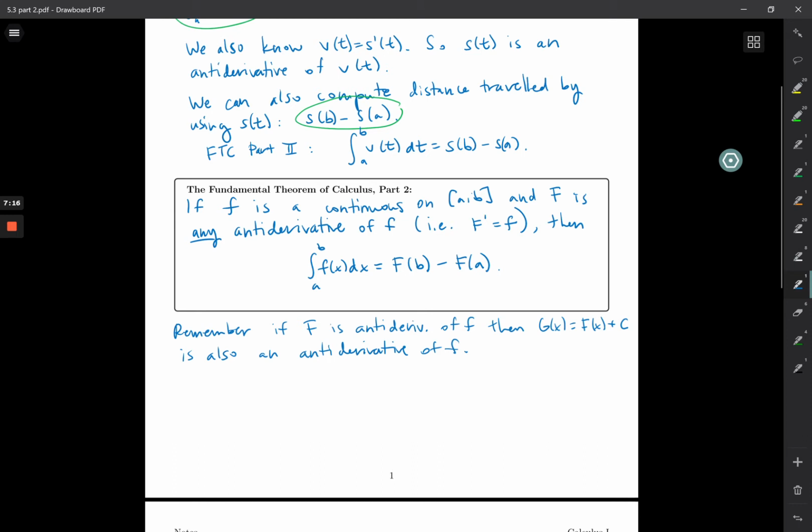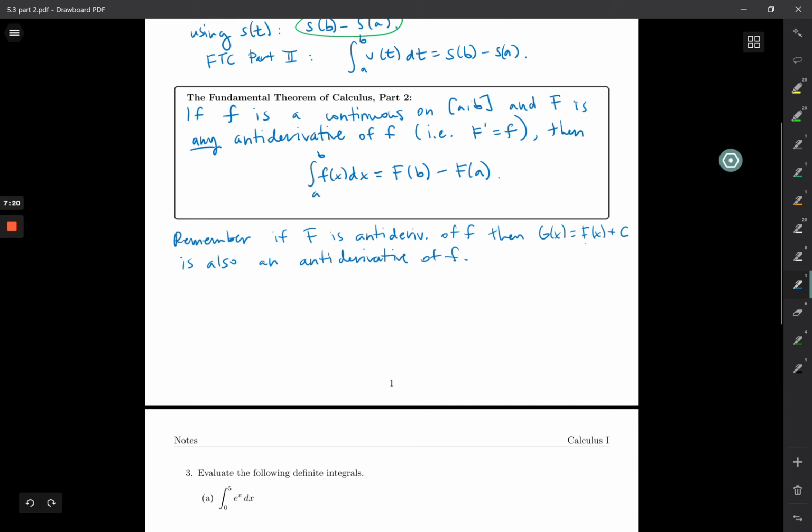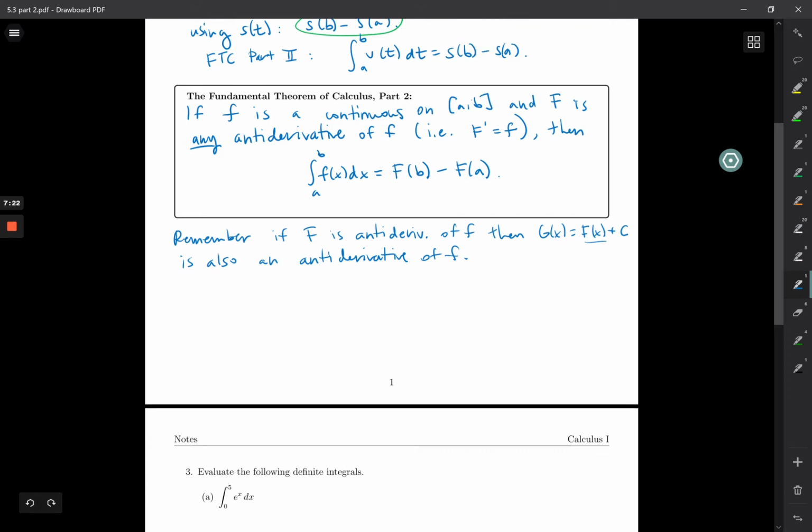So what happens when capital F is in its most basic form, right? And we were to instead use g to compute the definite integral. So if we were to just apply this formula up here, but using g instead of F, since they're both antiderivatives, we could use either one.